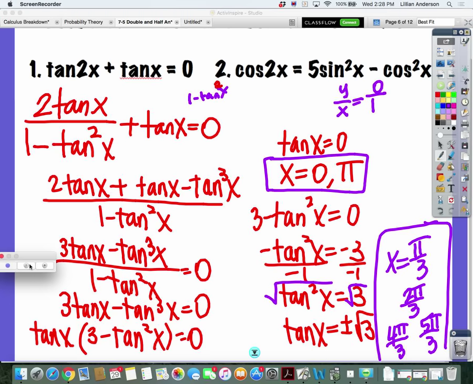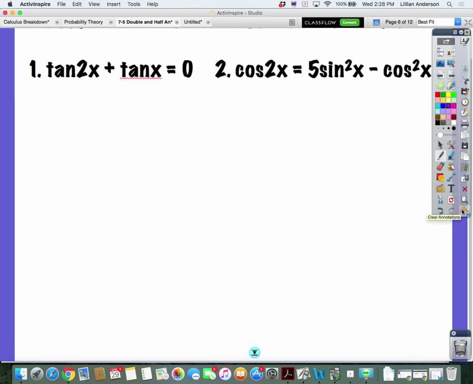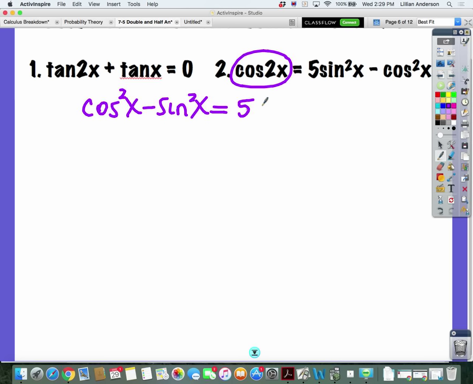With number two, we have cosine 2x equals 5 sine squared x minus cosine squared x. Double angle identity needs to be used for this one, but out of the three, which one do you think would be the easier one to use? The first one, cosine squared x minus sine squared x. After this point, it's a matter of just solving.